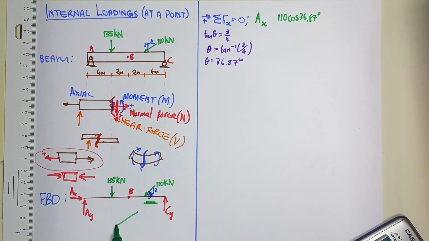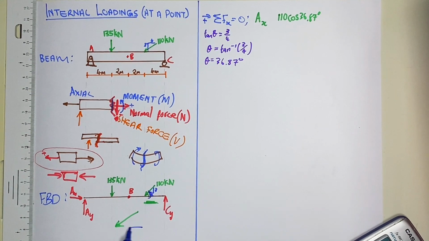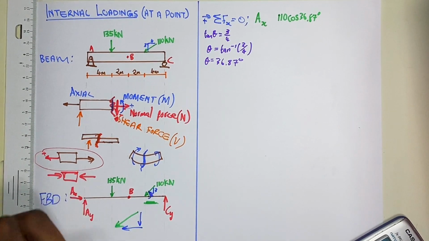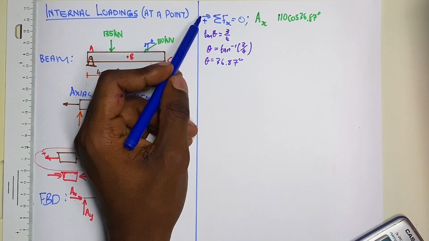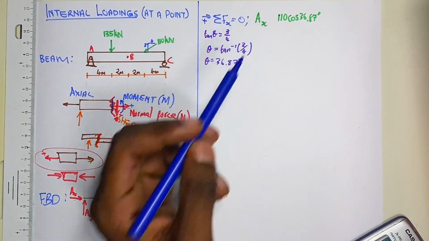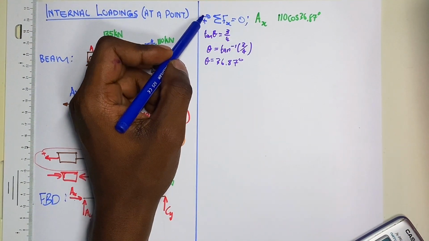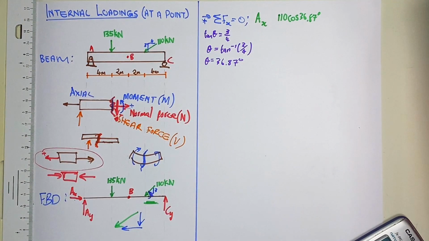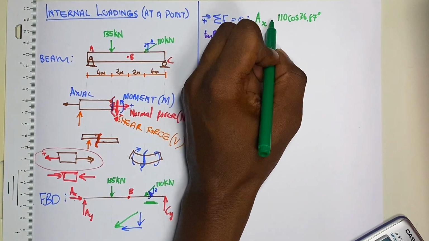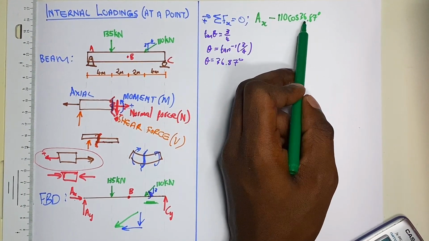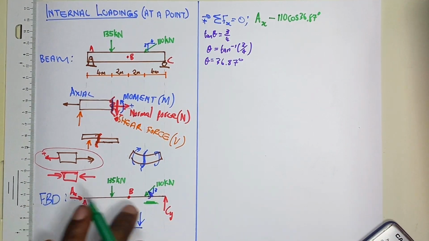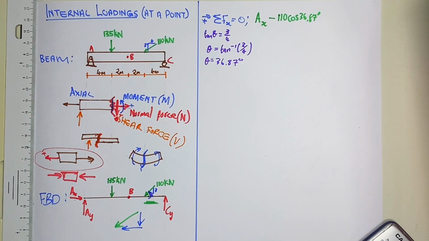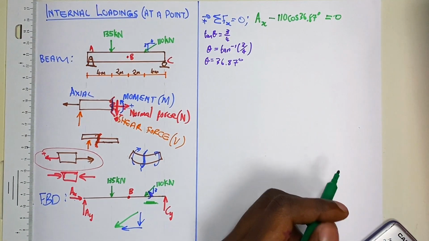Because our force is acting at this angle, our x component will be acting in that direction and our y component in that direction. Because it goes against our sign convention, it will be negative, because it is acting opposite to what we decided is positive. So I will have negative 110 cos 36.87. Those are my only two forces acting in the x-axis, so they must all be equal to 0.